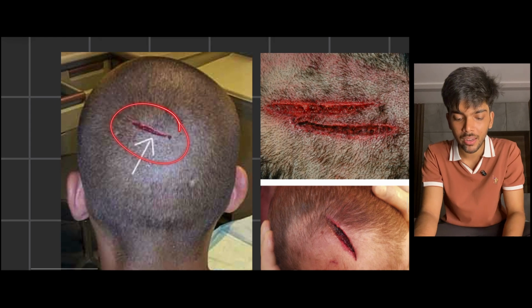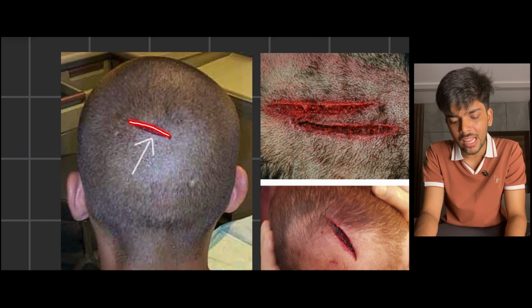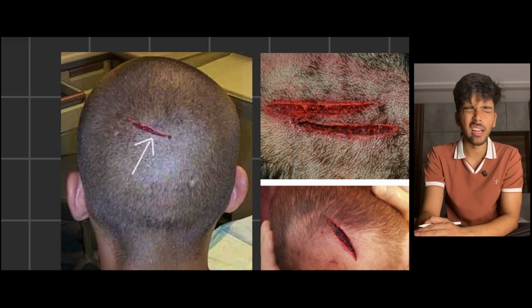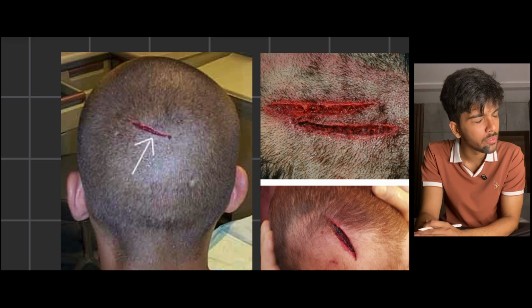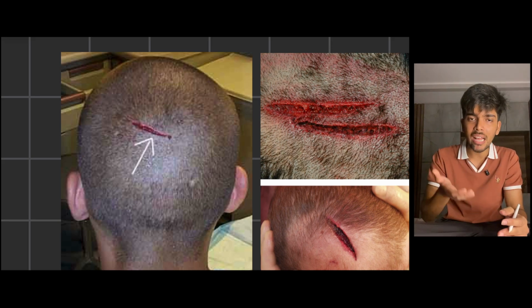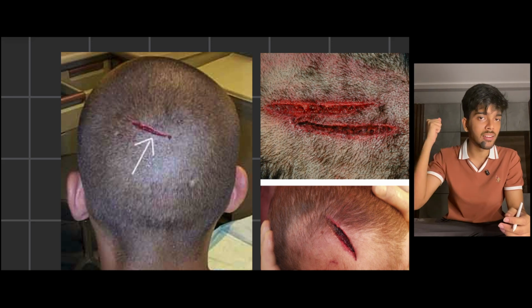So what you see here is a split laceration. Now, if you look at the margin of this laceration, it seems to be regular, but lacerations are not supposed to have a regular margin. That means, is it an incision? No, it's not an incision, because the injury is as a result of a blunt force, like a blow behind the head with a rod.